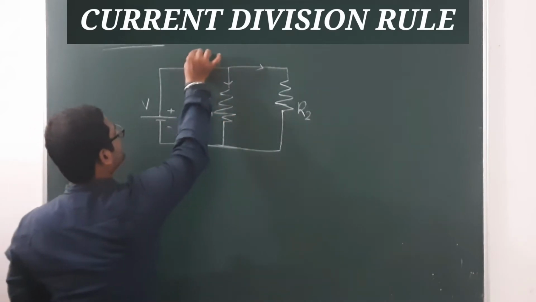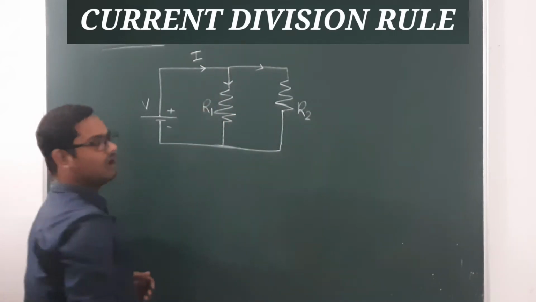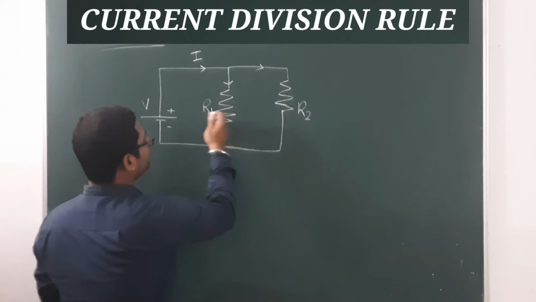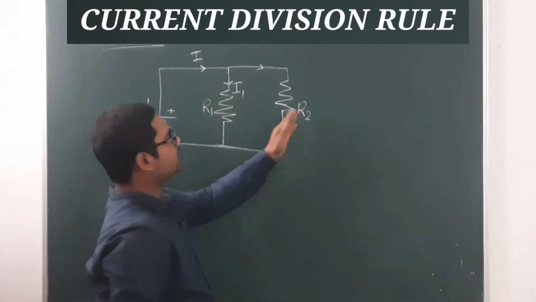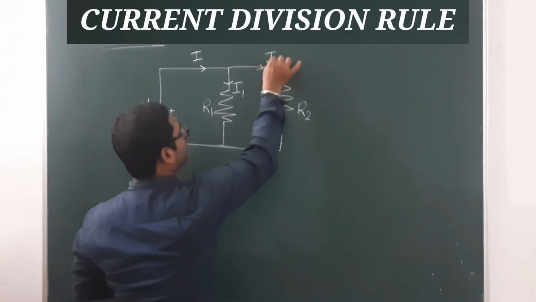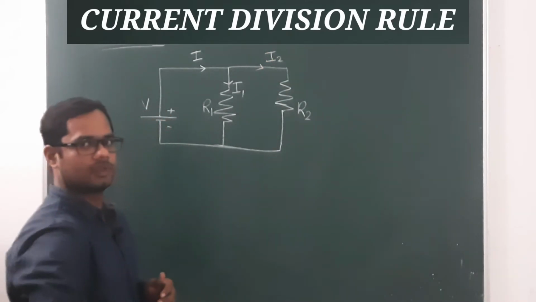Let this be the current I, and with respect to resistance 1 the current is I1, and with respect to resistance 2 the current is I2.